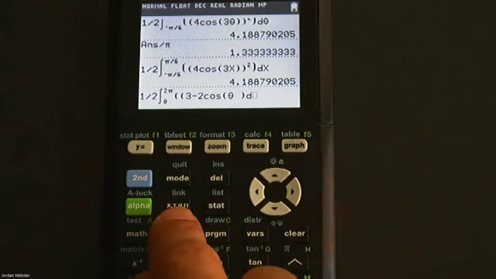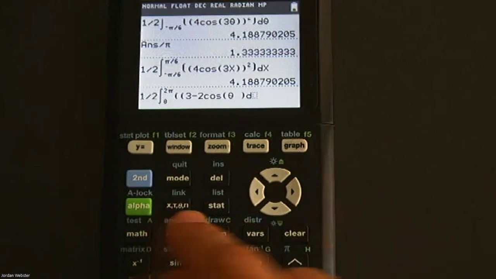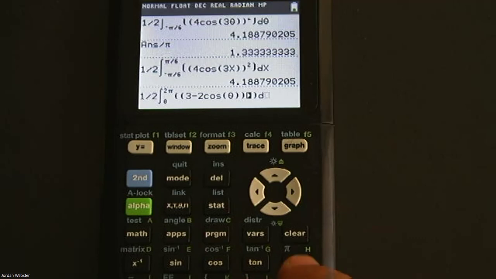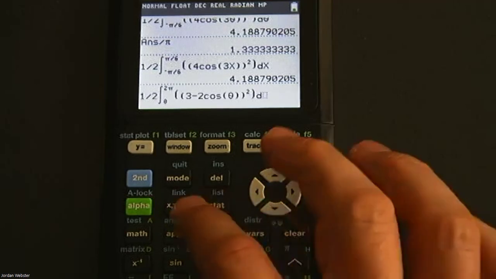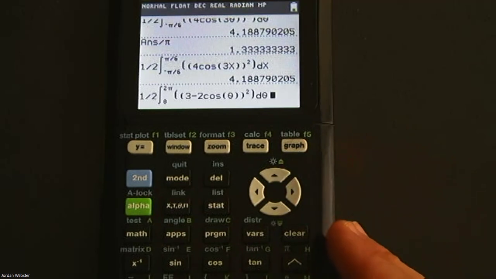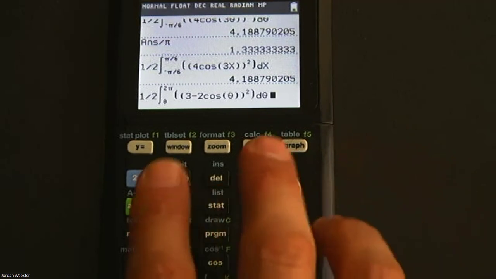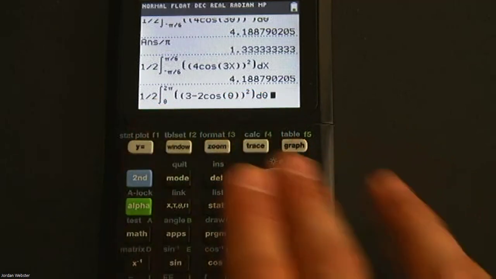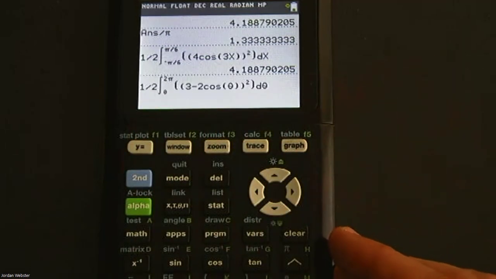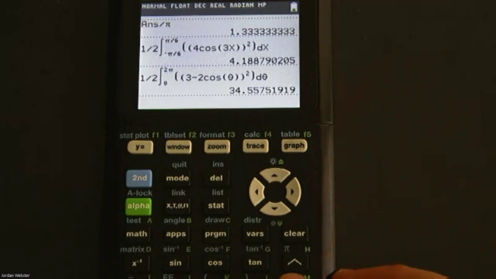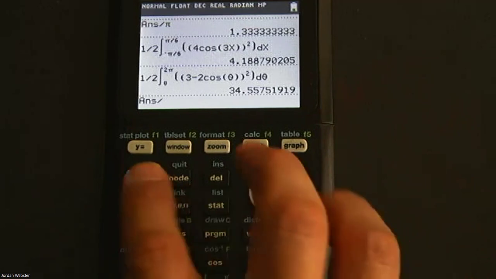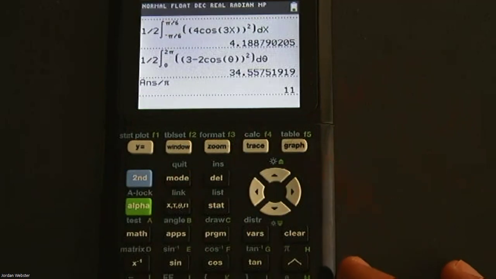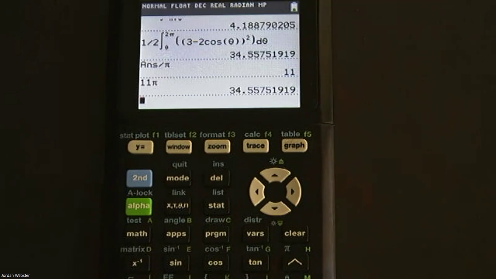Remember, each time I hit the variable key in polar mode, it comes up as theta. Make sure that whole thing gets squared, or else it'll throw everything off. So make sure the 3 minus 2 cosine theta is all in parentheses being squared. And when I hit this, I get about 34.56, which dividing by pi shows you that that 34.56 is actually 11 pi. So it's 11 pi as your answer.